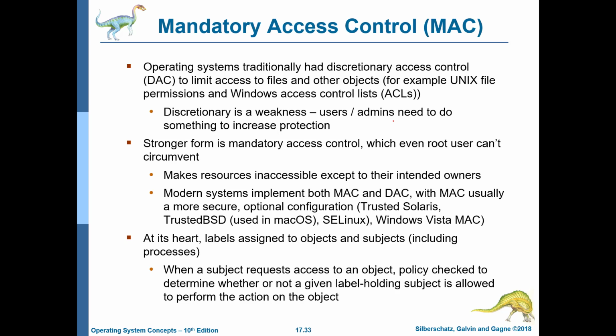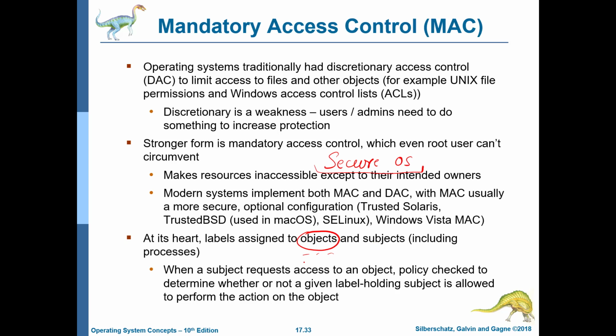But we could have secure versions of an OS, like a secure OS. What the secure OS will do is that it could be hardwired with the access matrix, in the sense that every object will have a set of labels and every subject will also have a set of labels. It's like a lock and key, but a hardwired lock and key.